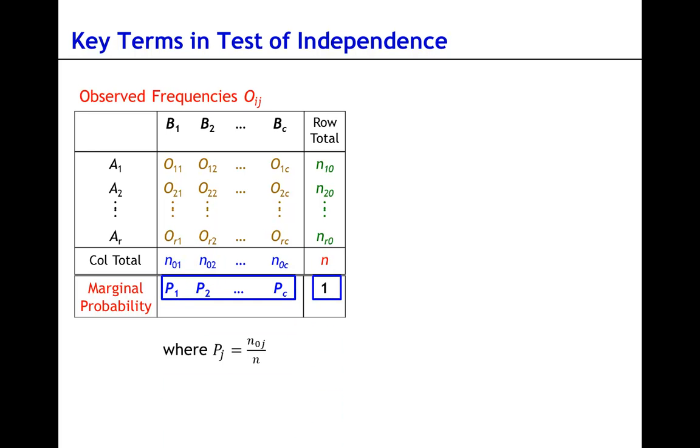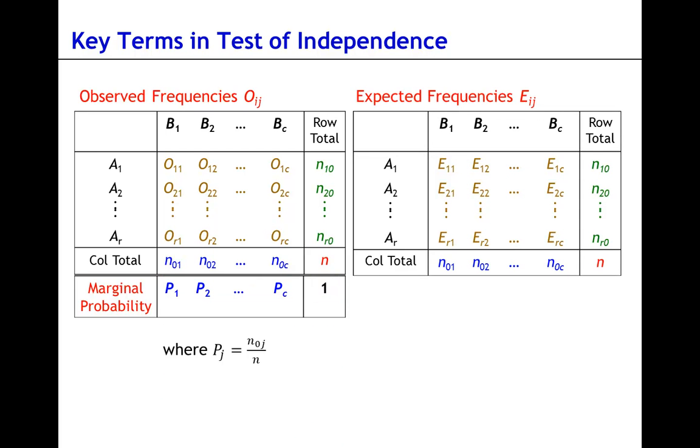And the theoretical number that we expect to get for each category are called the expected frequencies, E sub ij's. Assuming that the null hypothesis is true and the two variables are really independent, then using the joint and marginal probability concept, these E sub ij's can be calculated using the formula p sub j times the respective row total n sub i naught.